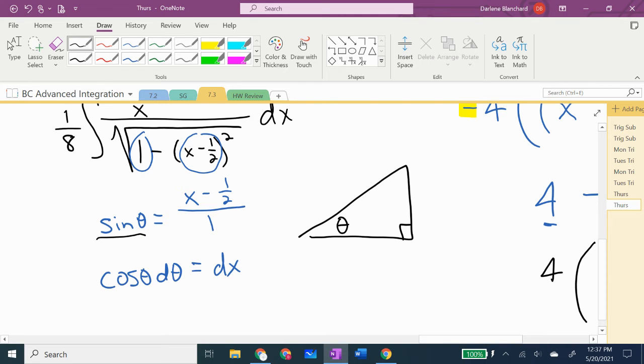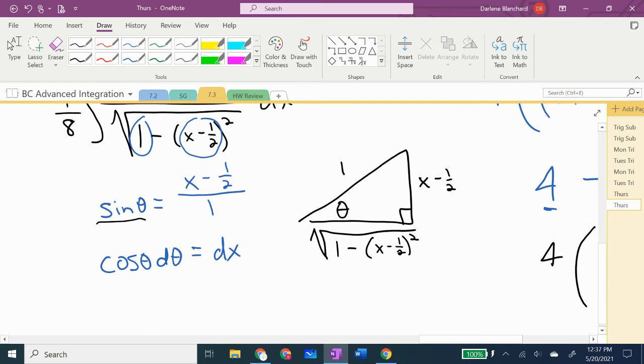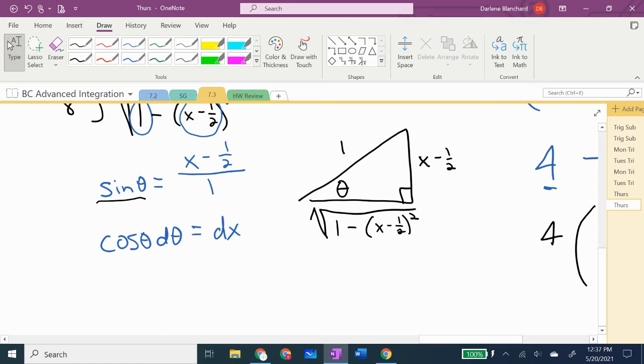My sine is equal to opposite side over hypotenuse, Pythagorean theorem. And now I have the root side divided by 1 if I want to take a shortcut, is equal to the adjacent over the hypotenuse, that is cosine.